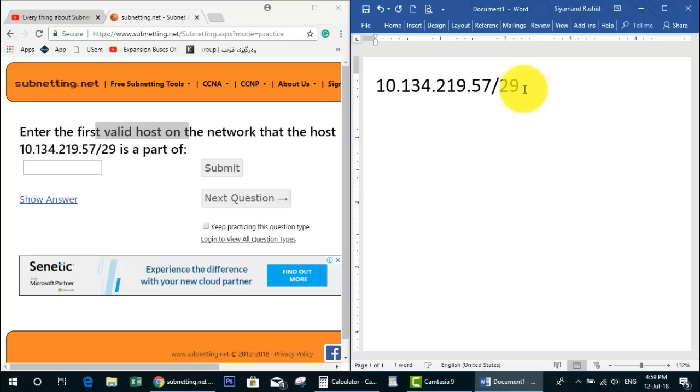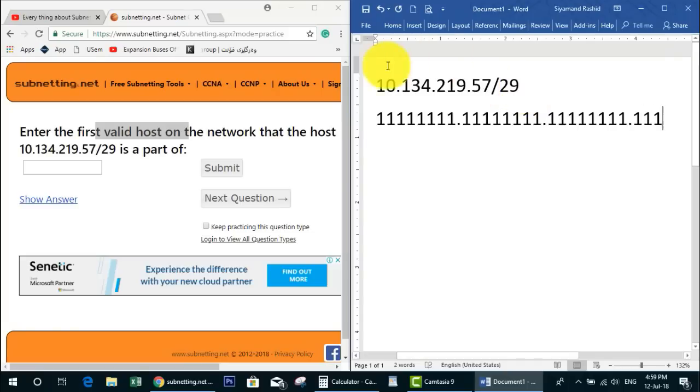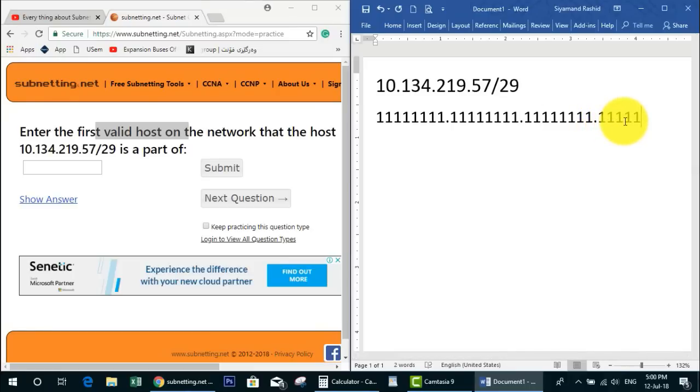We have to write 29 ones: 8, 8, 8 makes 24, then 25, 26, 27, 28, 29. That leaves 3 ones in the last octet.